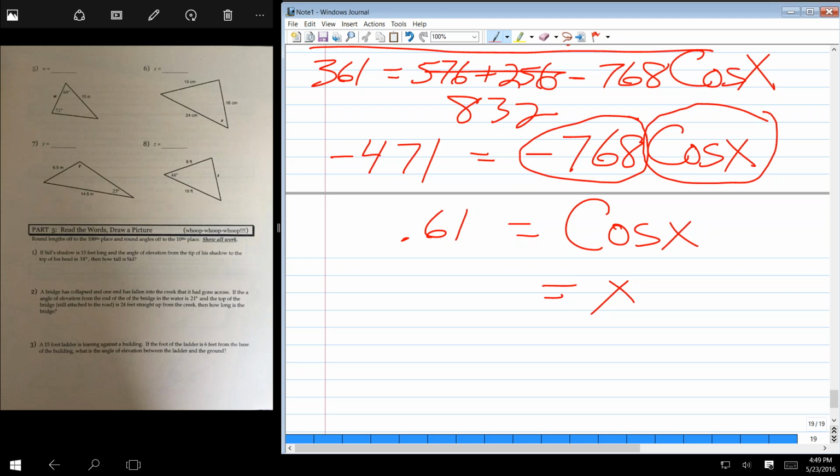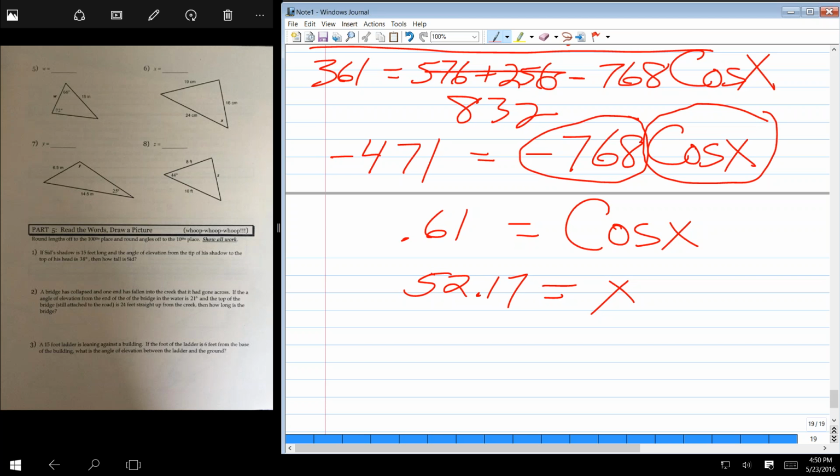Find the inverse cosine. 52.17. Does that look like a reasonable answer for x? Yeah, it does. And that's all we need.